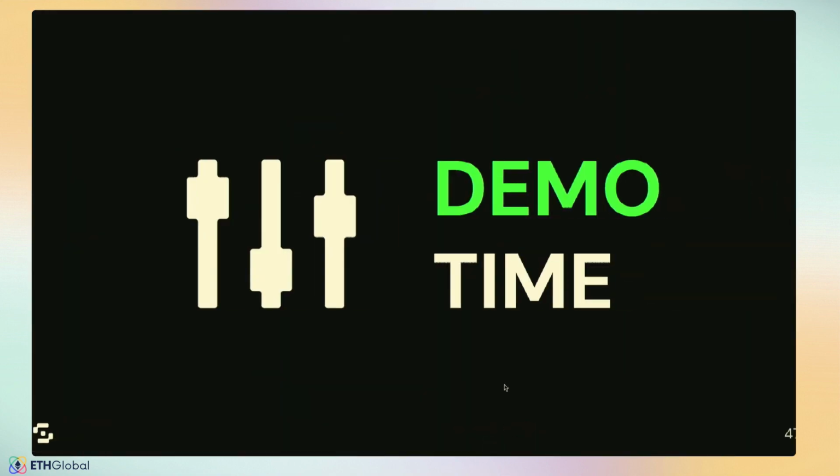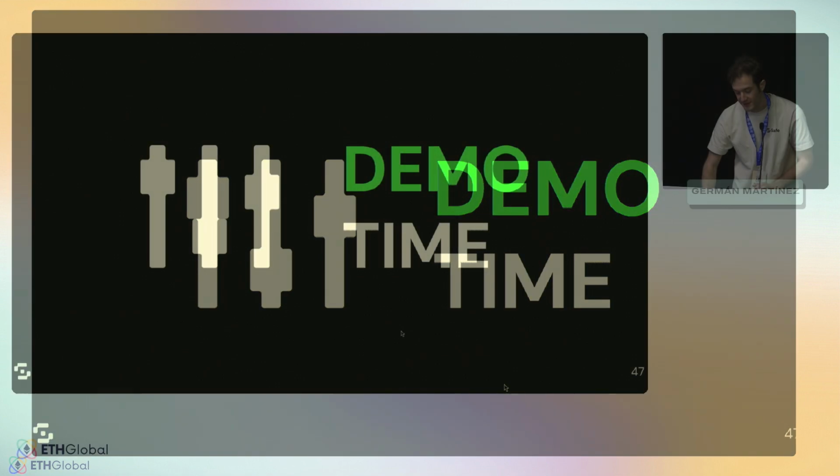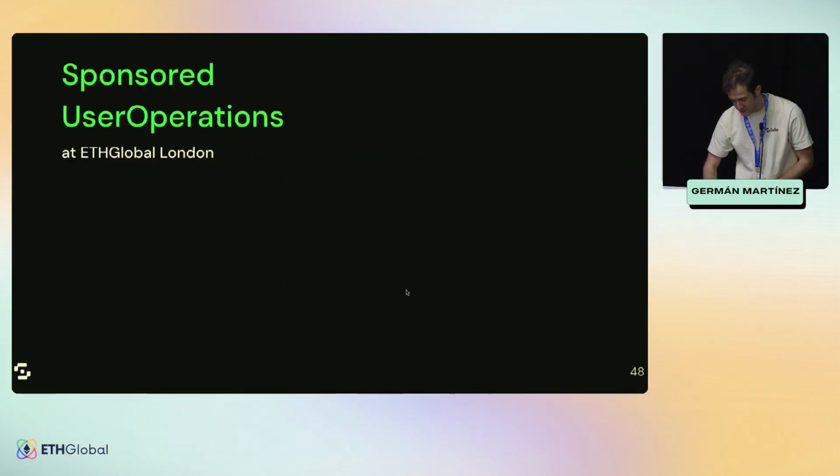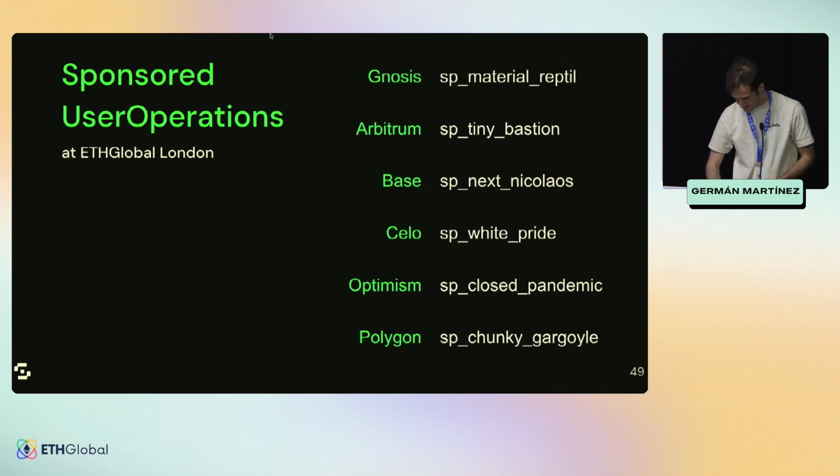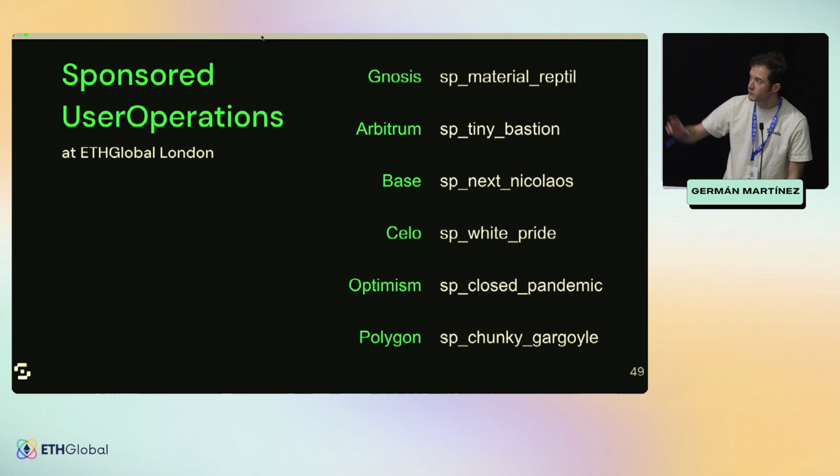And now we have a surprise for you during the hackathon. I hope you liked that we are offering to you sponsored user operations. So yes, if you are planning to hack with any of these chains like Gnosis, Arbitrum, Base, Celo, Optimism, or Polygon, we are providing some codes you can use in your implementation of the permissionless library.